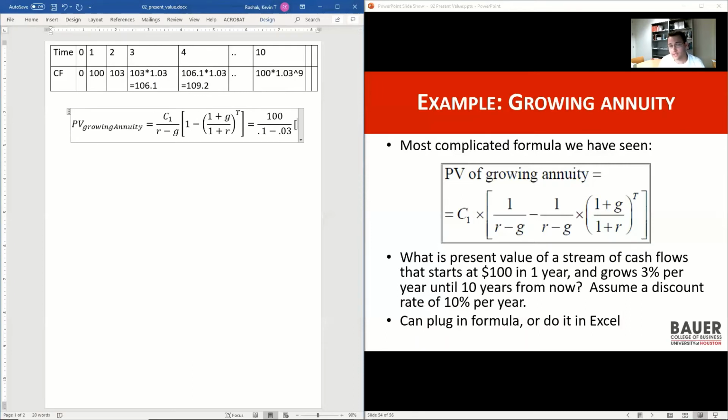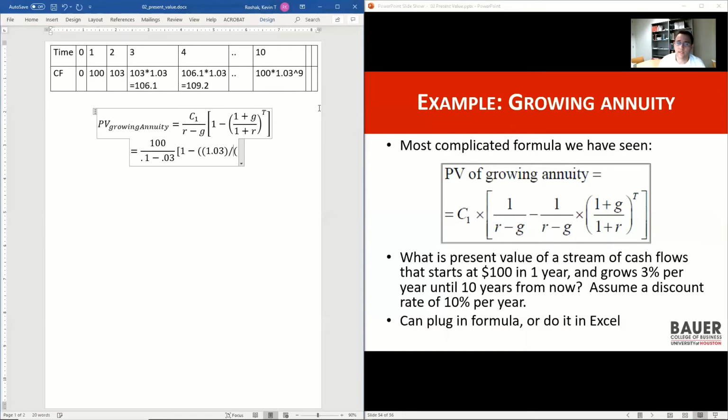And then we got to work inside the brackets. We said that the growth rate is 3%, so that goes in the numerator. Discount rate is 10%, so that goes in the denominator. And that whole thing gets raised to the 10th. It's a little bit ugly, but it's doable. And then you have to make sure that you're comfortable with the order of operations.